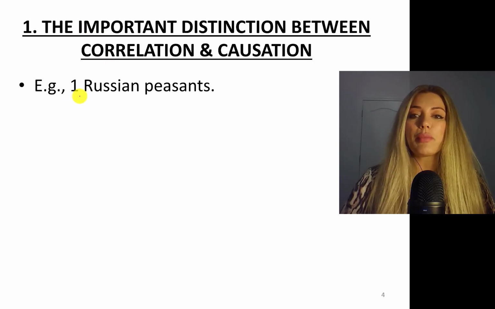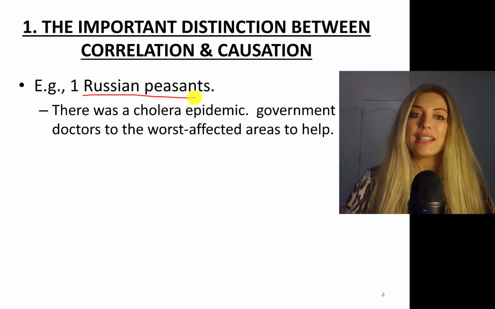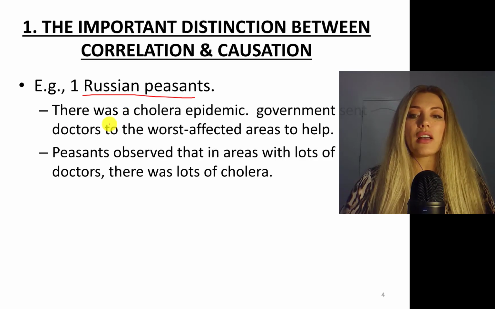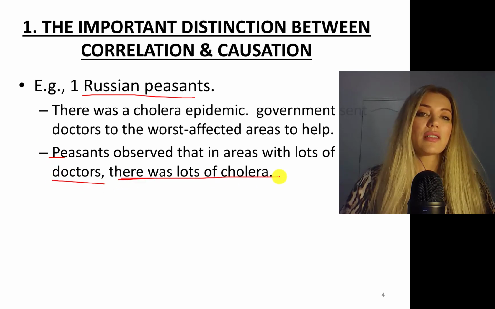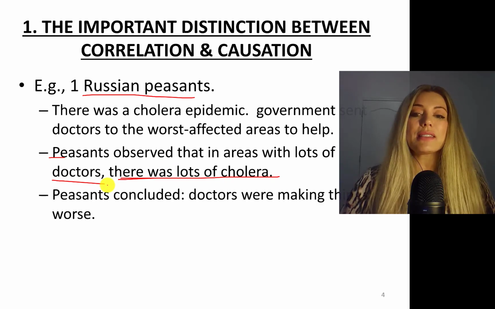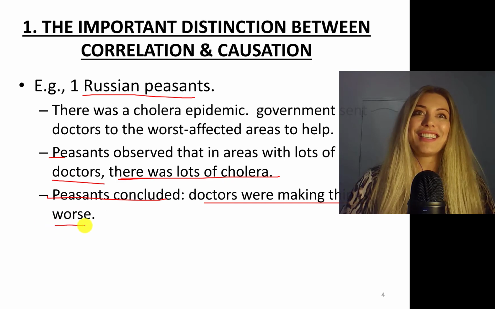This is a Russian peasants example. There was a cholera epidemic back in the days. Government sent doctors to the worst affected areas in Russia to help. Peasants observed that in areas with lots of doctors, there was lots of cholera. So this is maybe one of the first conspiracy theories. Peasants concluded that doctors were making things worse.